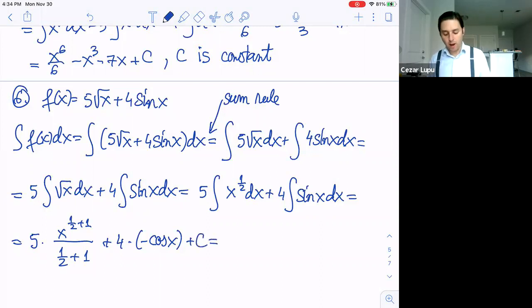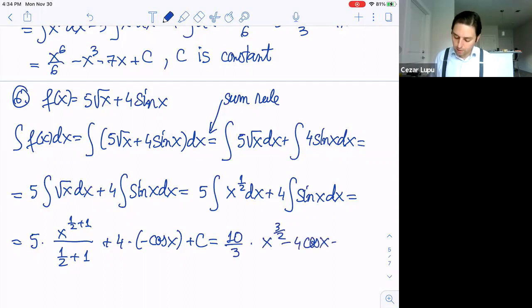If we want to write this a bit more simply, it will be 10 over 3 times x to the 3/2 minus 4 cosine of x plus a constant. Again, c is an arbitrary constant. And that's it. This is how you compute the integral.